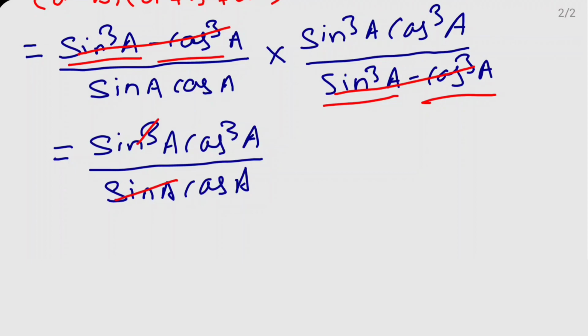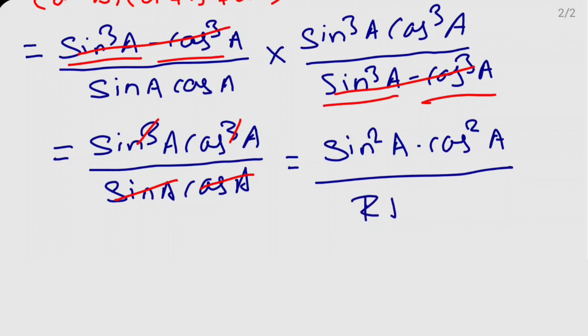In cos cube one cos and this cos get cancelled. So remaining terms here, sin square A into cos square A. So this is our RHS. Hence proved. Is it clear?